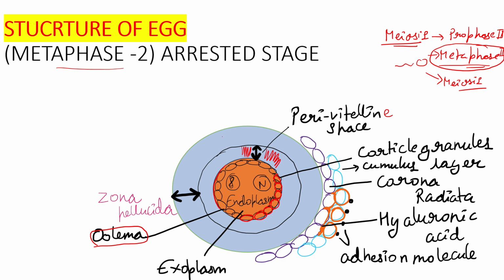The inner portion of the ovum is known as endoplasm, and the outer portion is known as exoplasm. The layer between the cortical granules and the perivitelline space is known as the zona pellucida layer.